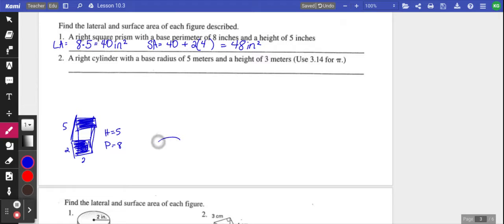The next one is a right cylinder with a radius of 5 and a height of 3. So first we have to do the lateral area, which again says perimeter times height. Well, a circle doesn't have a perimeter, it has a circumference.